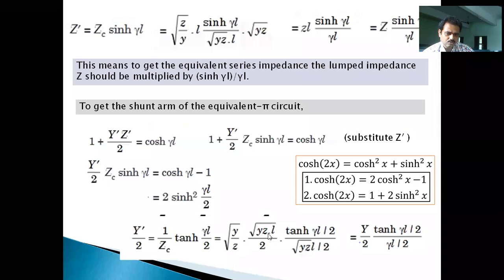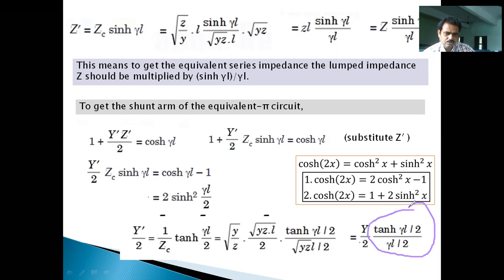So root z will get cancelled. Root y into root y becomes small y into L. That is the length of the transmission line. Small y is the admittance per unit length for a short transmission line. So that multiplied with L, you will get the total admittance. Okay, this is the lumped admittance, that divided by 2.